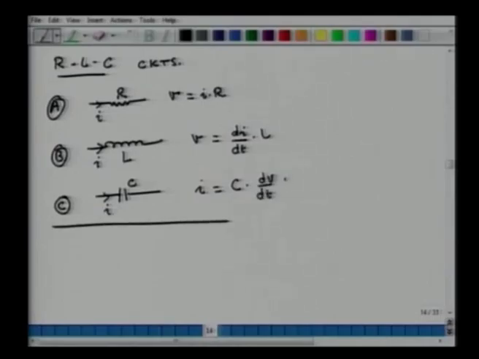So these are the three basic elements in electrical circuits which we will be using a lot in acoustics.